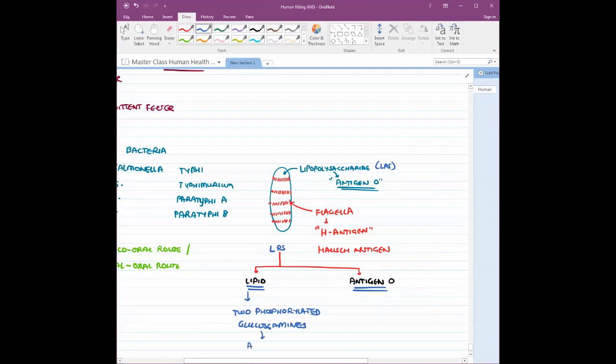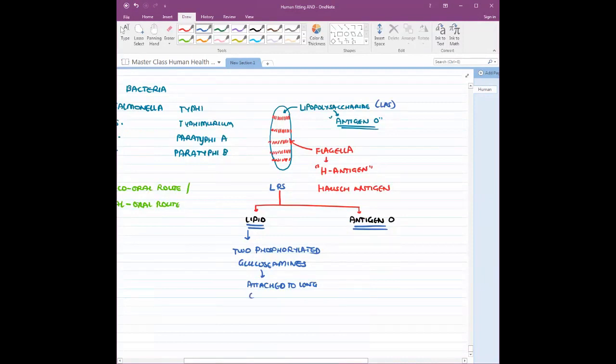These are attached to long chain fatty acids. And this lipid is the actual causative agent. So that is your lipopolysaccharide.